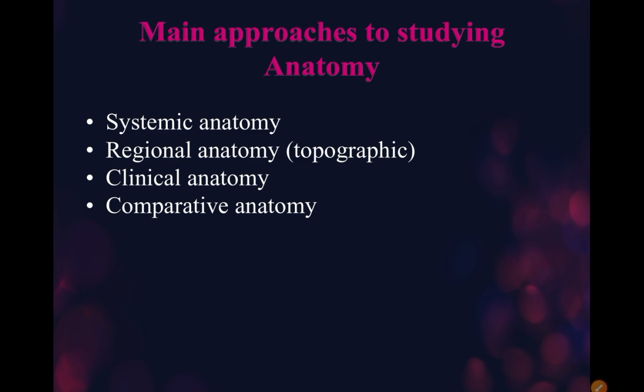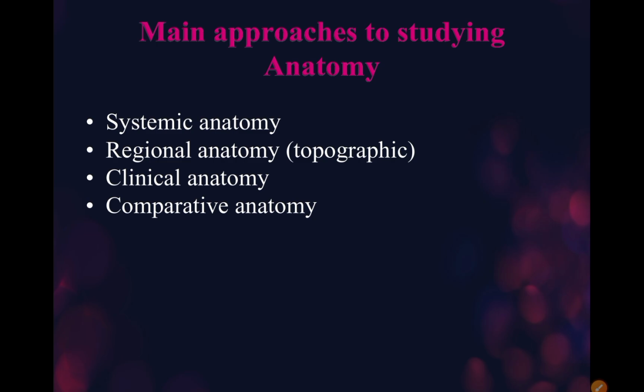Example, what is the difference between the anatomical structures of the upper limbs and the lower limbs? We are comparing the skeletal system of human beings with the skeletal system of other organisms. That's the difference between systematic, regional, clinical and comparative anatomy.